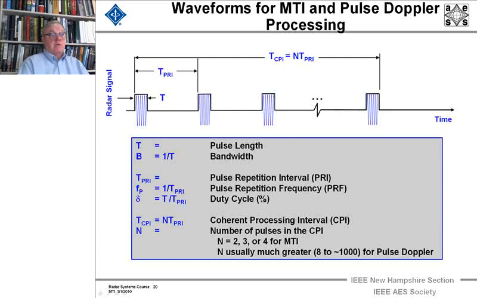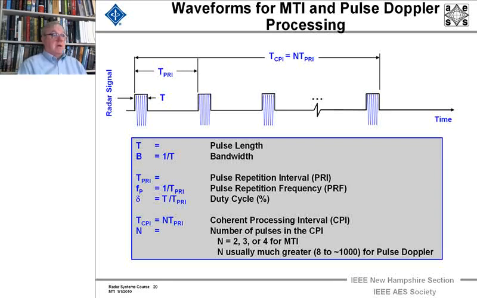Now the duty cycle of the radar, which is the fraction of the time that the radar is turned on, is capital T divided by the time between pulses, so it's T over T sub PRI. And T sub CPI is the coherent processing interval, that amount of time that we're coherently processing a group of pulses over.